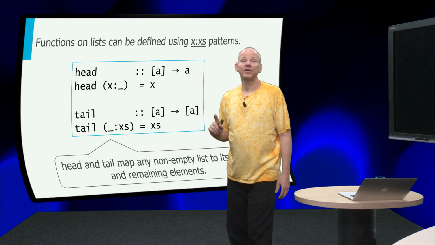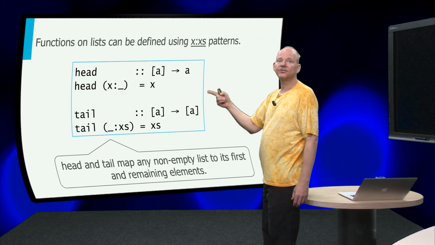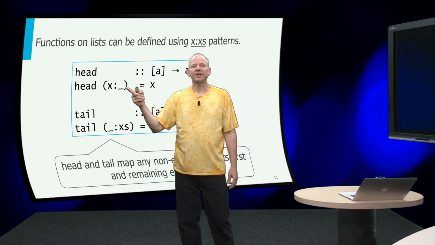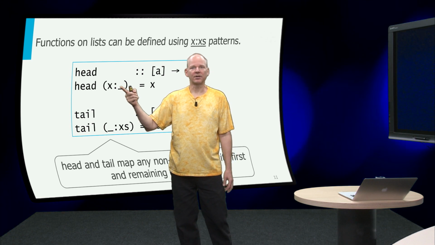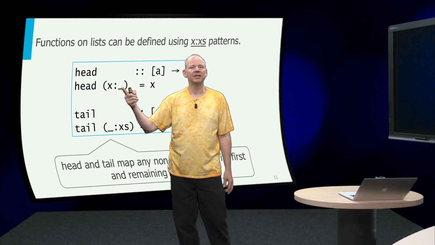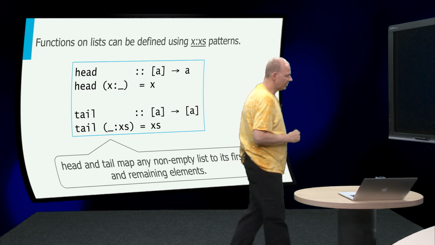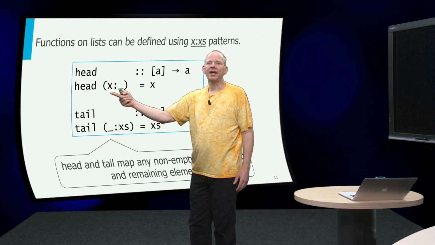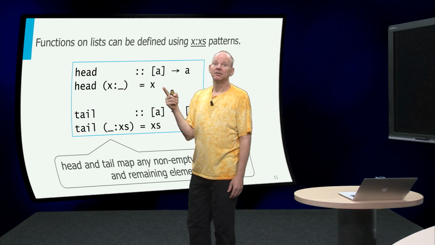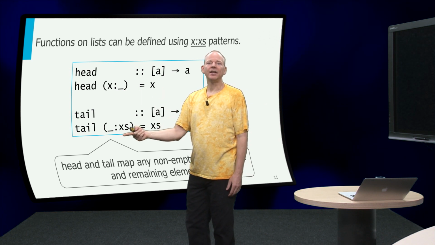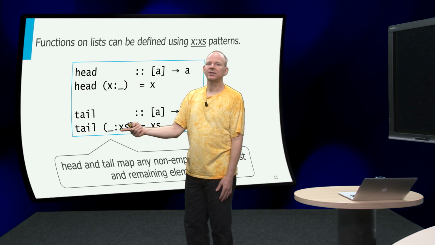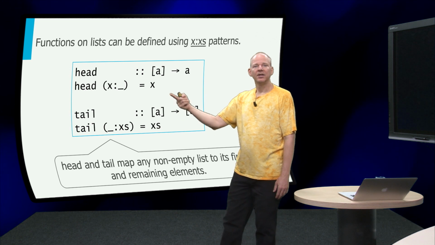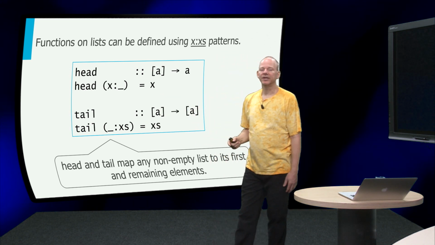So for example, when we want to define the head of a list, we define it using pattern matching as follows, and we write the list in cons head or in head tail form. So the head of a list with head x and tail I don't care is x, and the tail of a list with a head that I don't care about and tail xs is xs. Right? So again, very concise definitions.